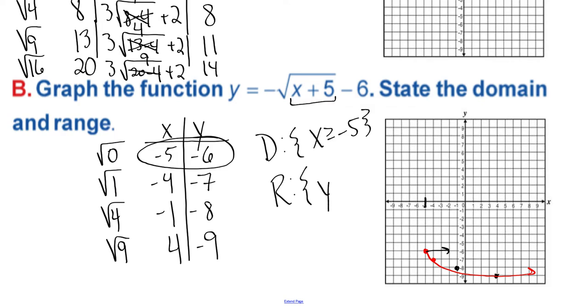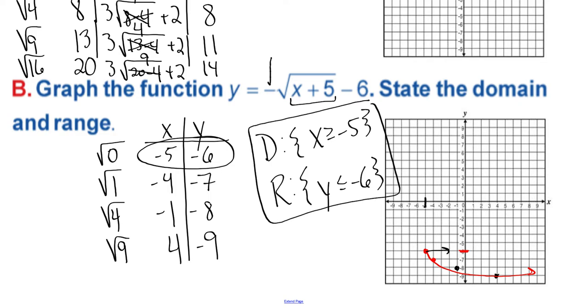And now y, we're lining up with -6, which is here, but we're going down from -6. So y is less than or equal to -6. Okay? So that negative is going to make our graph go down, which means our range will be less than or equal to. Okay? So let me get rid of this stuff, and that is our graph.